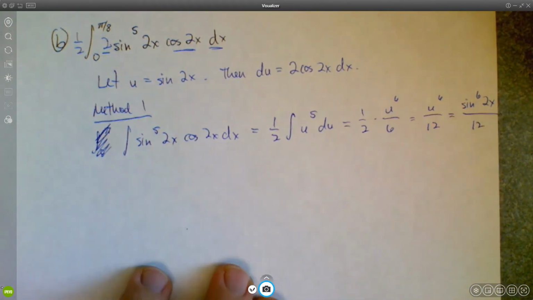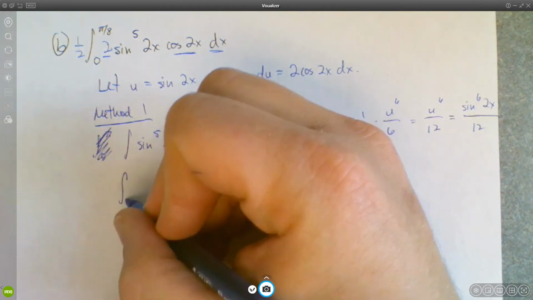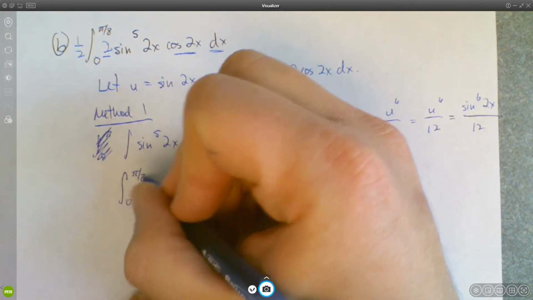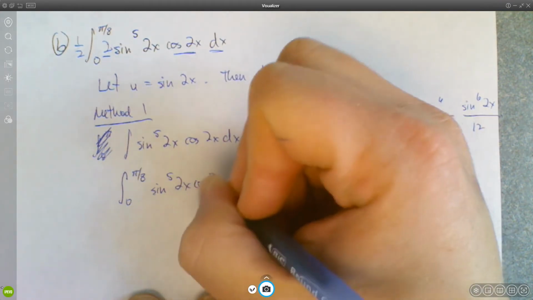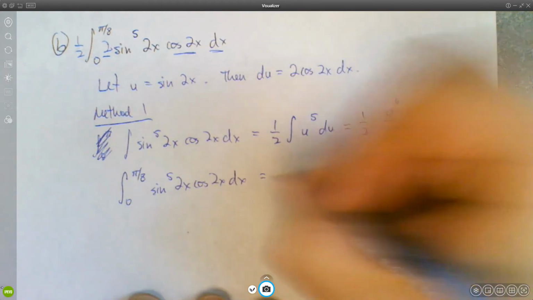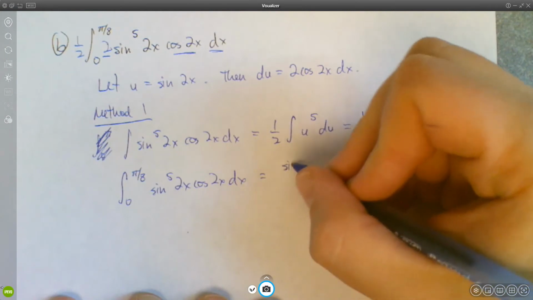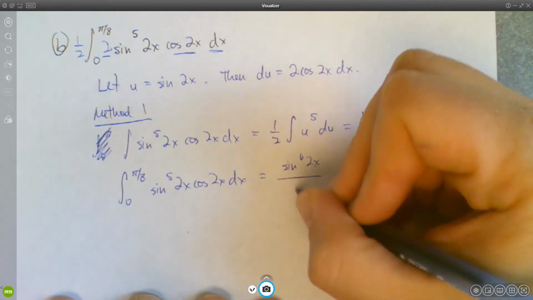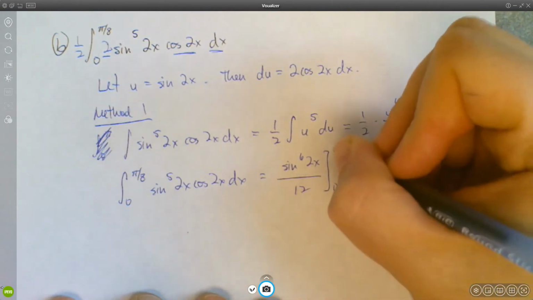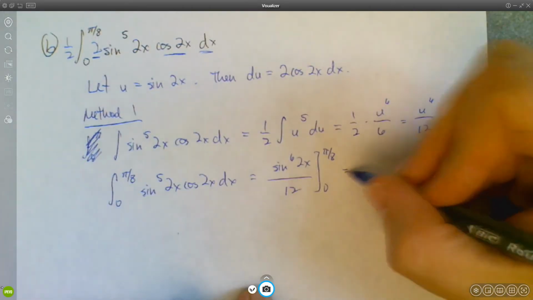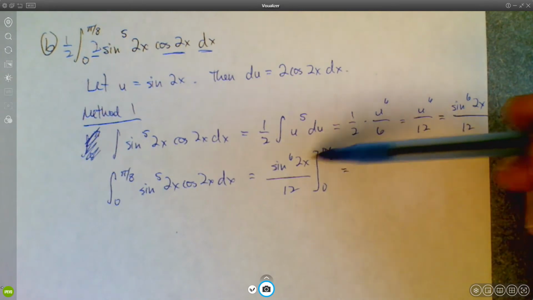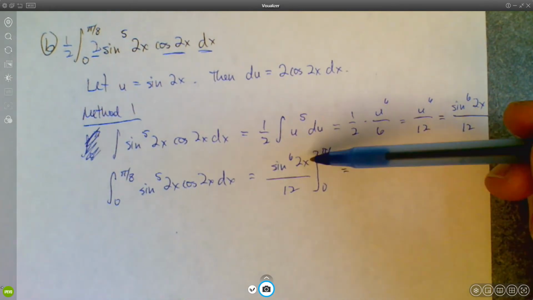Okay, very good. So now I can say the integral from 0 to pi over 8 of sine to the 5th 2x cosine 2x dx should equal sine to the 6th 2x over 12 evaluated from 0 to pi over 8. Okay, so let's figure out what that is. 2 times pi over 8 would be pi over 4.